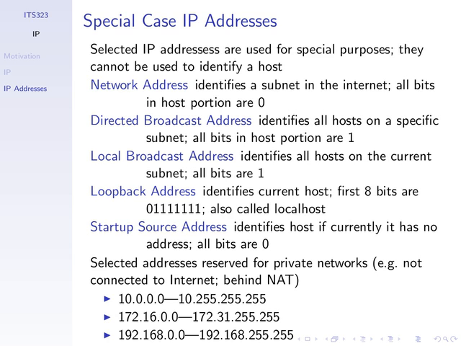You could send a datagram and set that address, all zeros, as the source. We're not going to explain how it's used. Maybe later in next semester you'll see that it's used especially in DHCP, which some of you would have heard of and used. But just know that the address with 32 zeros is a special case address called the startup source address.